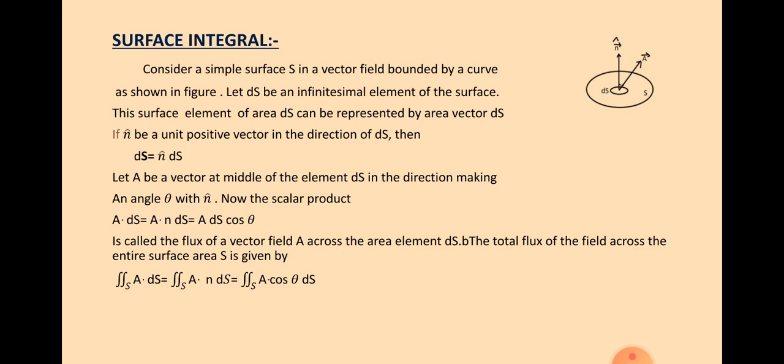Surface integral A dot dS equals surface integral A dot n dS equals surface integral A cos theta dS. Here we integrate with dS because an element of surface is taken. This is about surface integral.